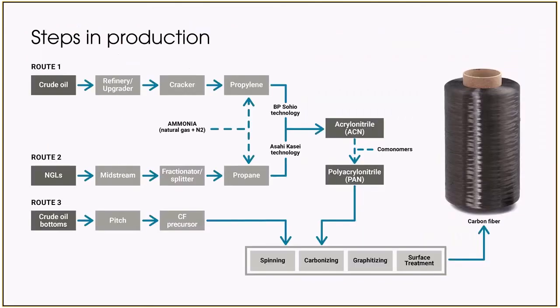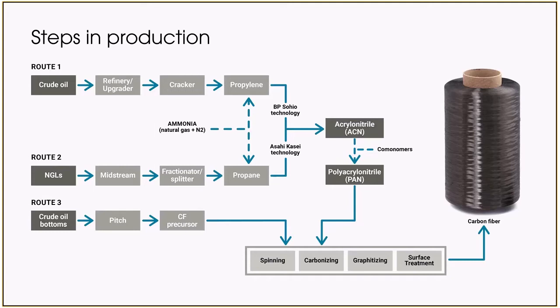So route 1 on this slide here, conventional crude oil, go through a refinery, a cracker, and we get to propylene, something that's very much established around the world. We go through what's called the BP Sohio technology to acrylonitrile, to a polyacrylonitrile, which is wound.